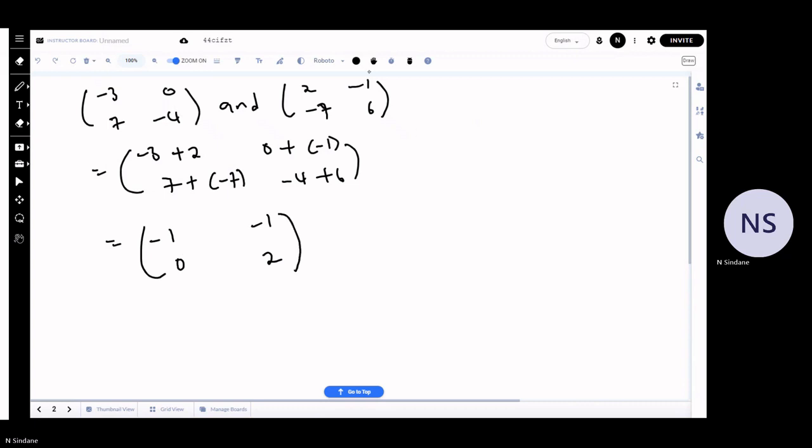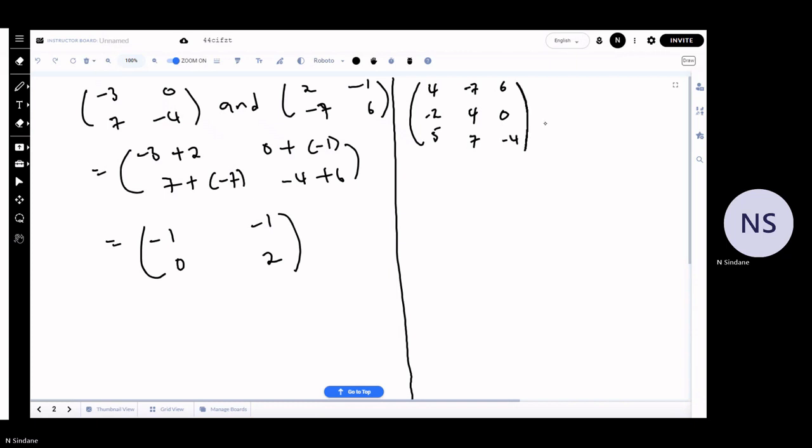Now let's try to add 3 by 3 matrices. When you're adding a 3 by 3 with a 3 by 3, you are supposed to get a 3 by 3 as well. So in this case, we have 4, -7, 6, then -2, 4, 0, and 5, 7, -4.